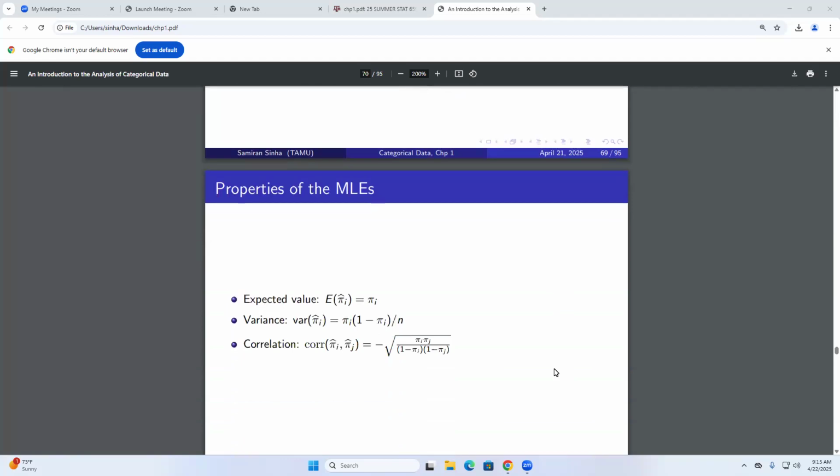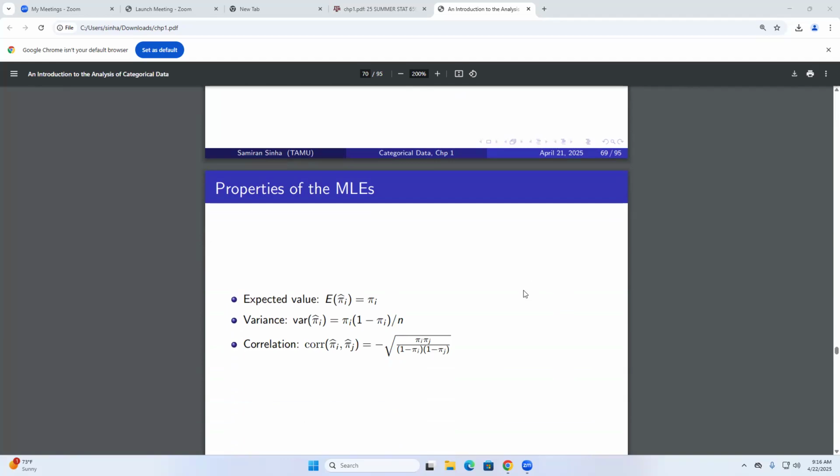And some properties of the estimators are as follows. Often we are interested in knowing if the estimator is unbiased. So in this case, they are unbiased.